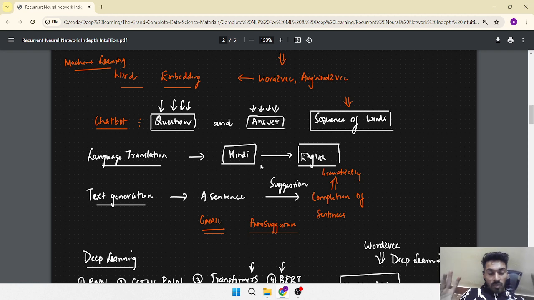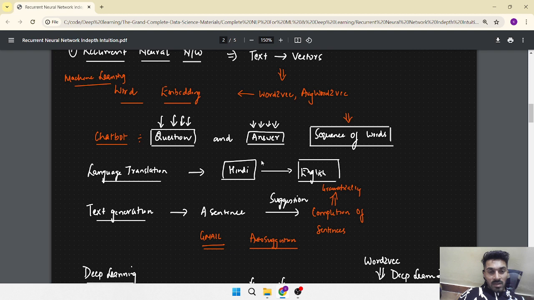The sequence of words is very important in translation, because there is no one-to-one mapping. If you want to translate a sentence into another language, the sequence is very important. That's why a transformer-like model is very good at this. RNN is also good somewhat.